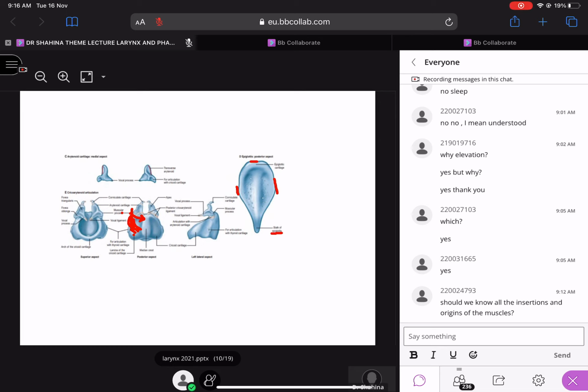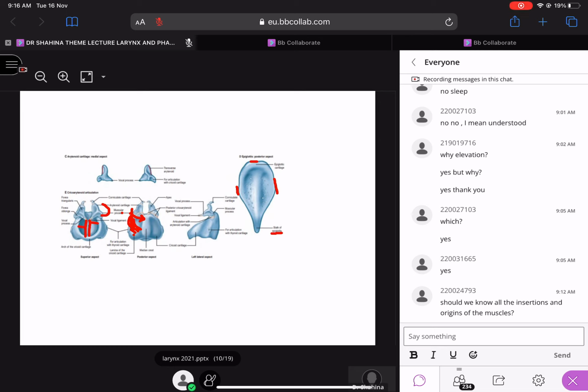So now what will be the action here? Extending from here will be the vocal folds. So when this muscular process moves like this, what will happen? They will move apart.